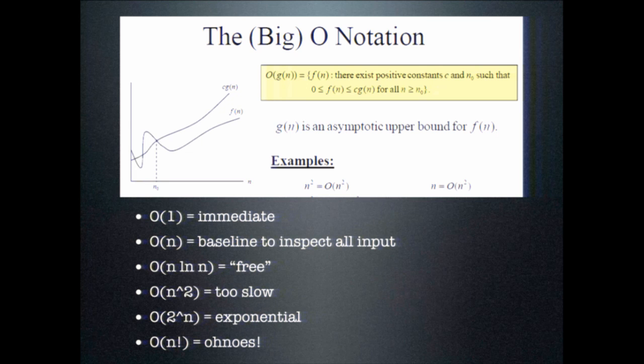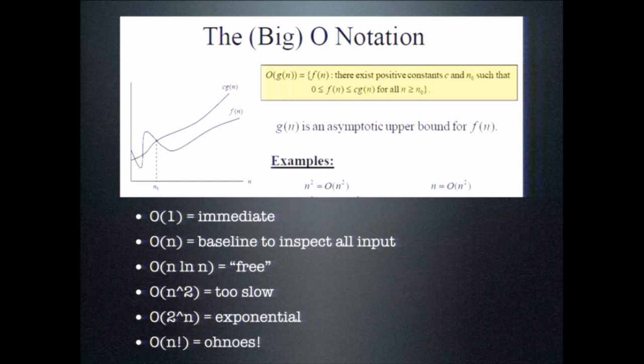A nice way to think of it is as an adversarial game. You get to pick g(n), C and some n naught, and then your opponent tries to pick an n bigger than the n naught you picked such that this isn't true. That's what you'll be doing when you're trying to analyze things.